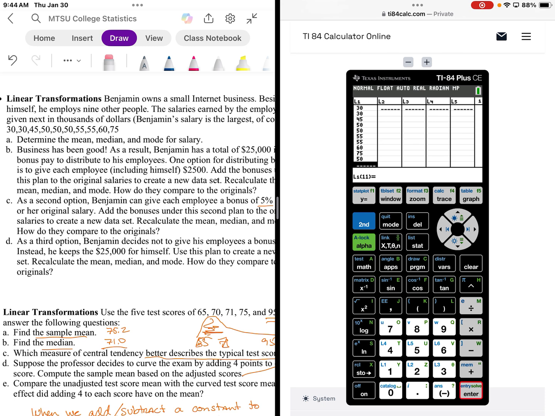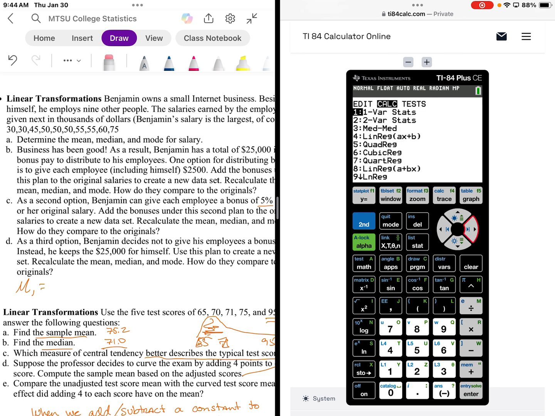And then we can do the mean one. Let's find a one var stat on that one real quick. Go back to column 1, second one.